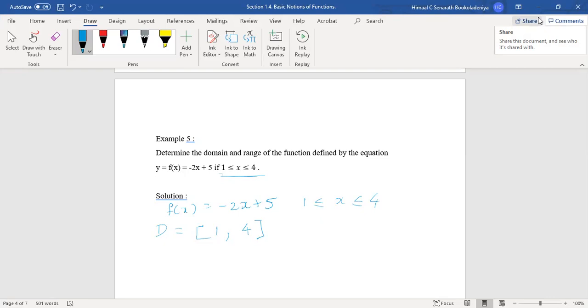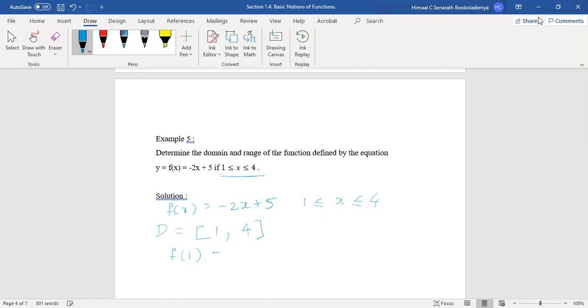Let's find f of 1 because we want to find the smaller value from those two. When we write domain or range, we always write the smallest value first, the highest value last.